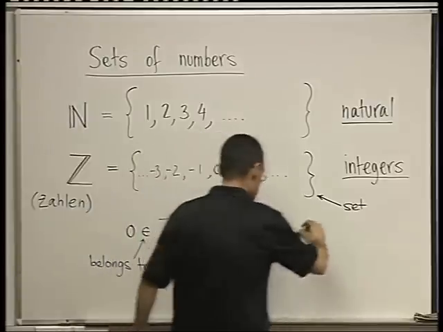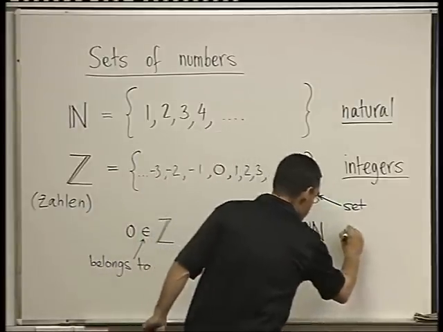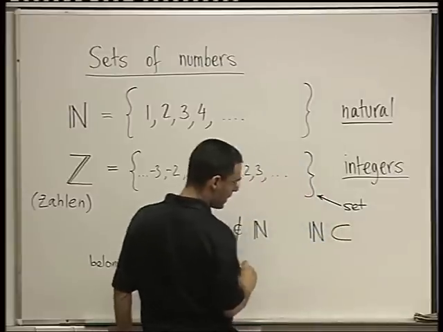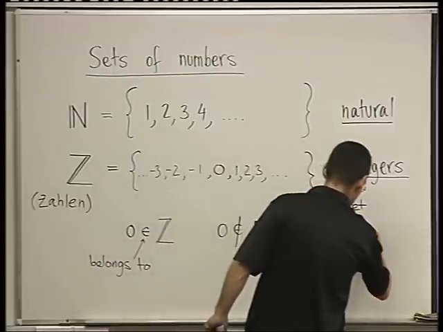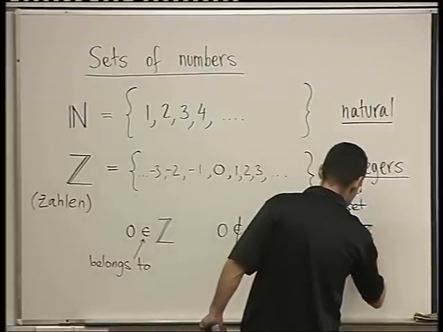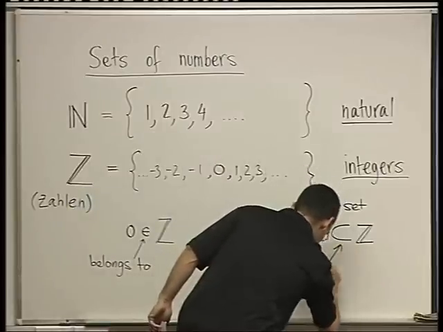And some more notation, the set of natural numbers is contained, a bigger c but a longer c, in the integers. Okay, so this means contained or included in.